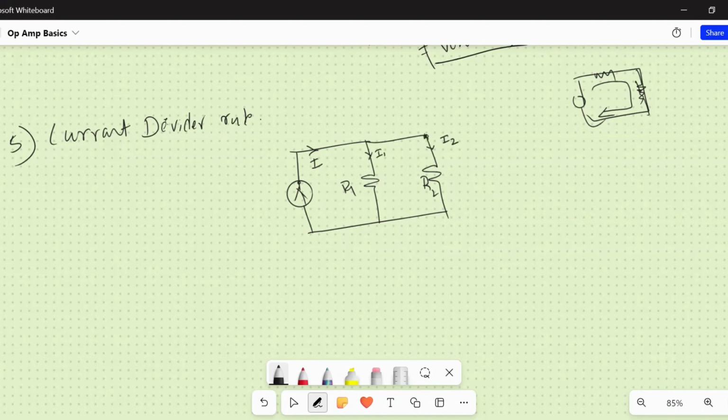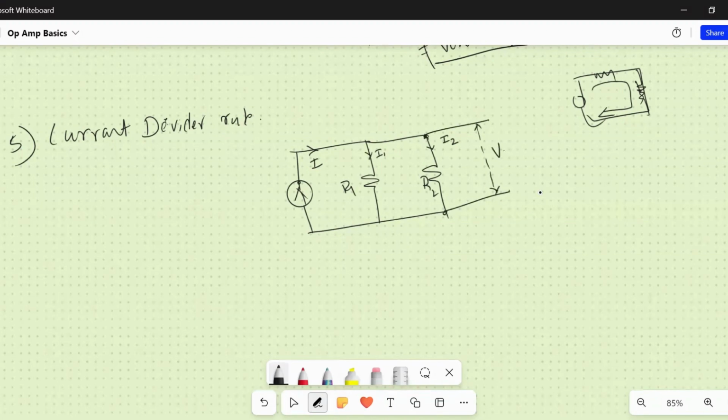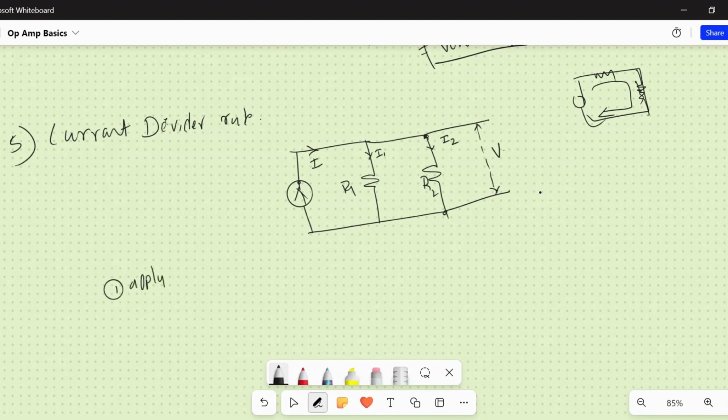Now, what is the current divider rule? It is something like this. This is where I want to find the voltage, I mean, the voltage drop across R2. Let us apply the first law, we should not use too much intelligence. It's very simple. Apply KCL. What is KCL?